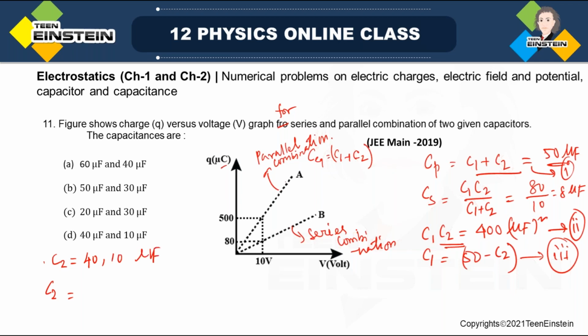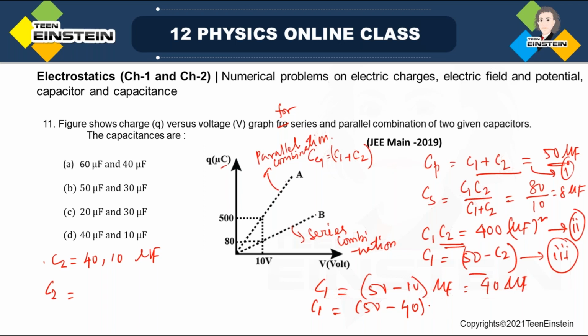Okay. Now look, if I have got C2, then what is C1? C1 is 50 minus C2. If I write 10, it gives you 40 microfarad. Okay, 40 micro. If I write C2 as 40, then it would give you 10 microfarad.